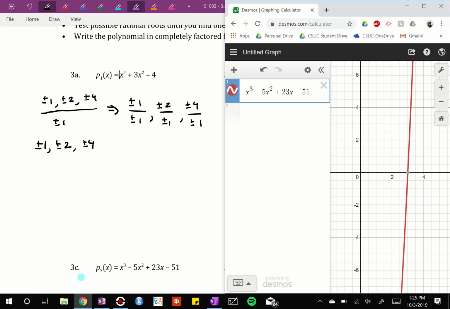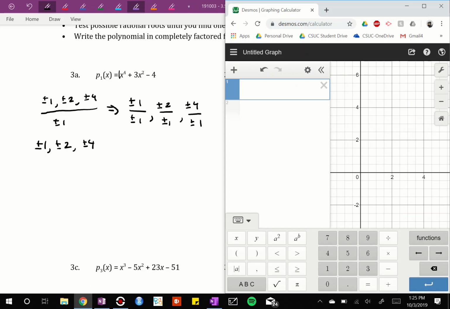So if we were to look at Desmos, we would get x to the 4th plus 3x squared minus 4.